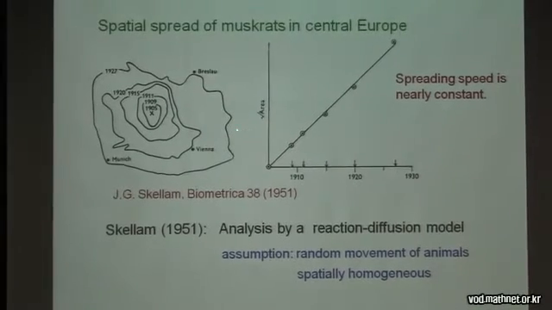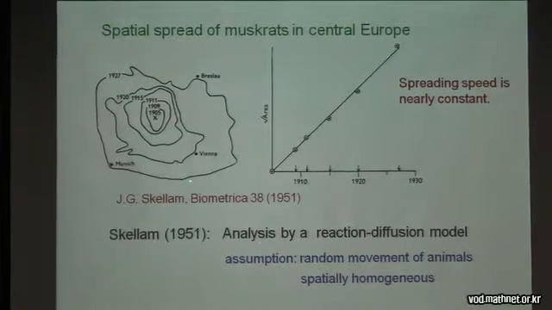Okay, there are two simplifications. First, he assumed that animals move randomly like Brownian motion. Because of that, you get the diffusion equation. And second assumption is that the environment is spatially homogeneous. But actually, Central Europe is not a homogeneous area. There are many mountains. But as a first step, this was a good analysis.